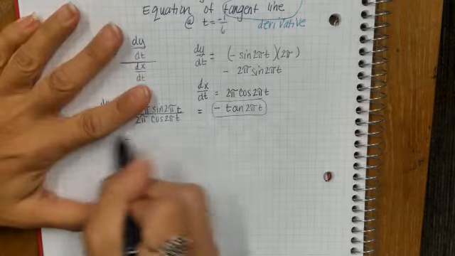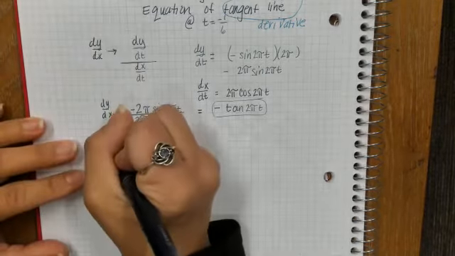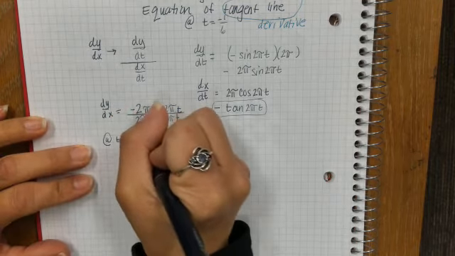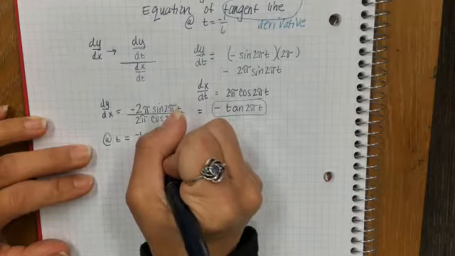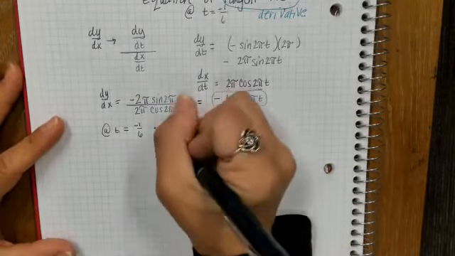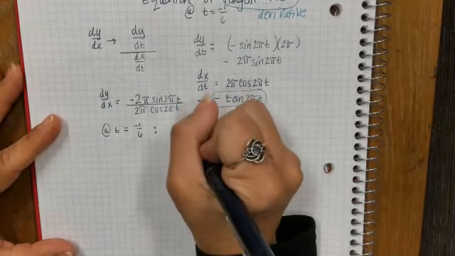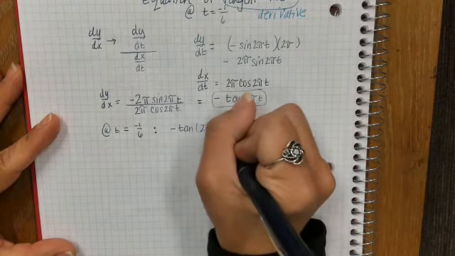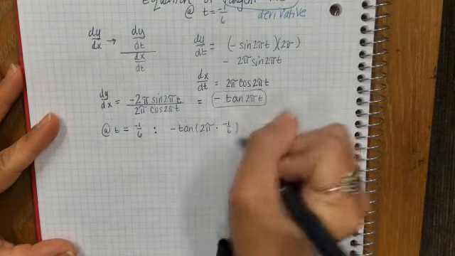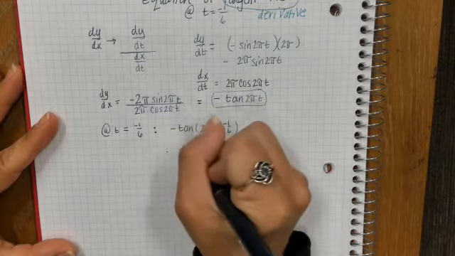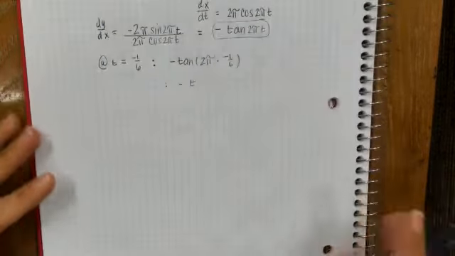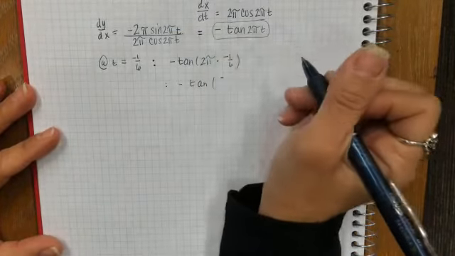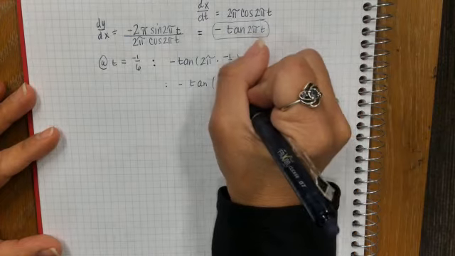So at negative 1/6, plug in: negative tangent of 2 pi times negative 1/6. This is the negative tangent of negative pi over 3.